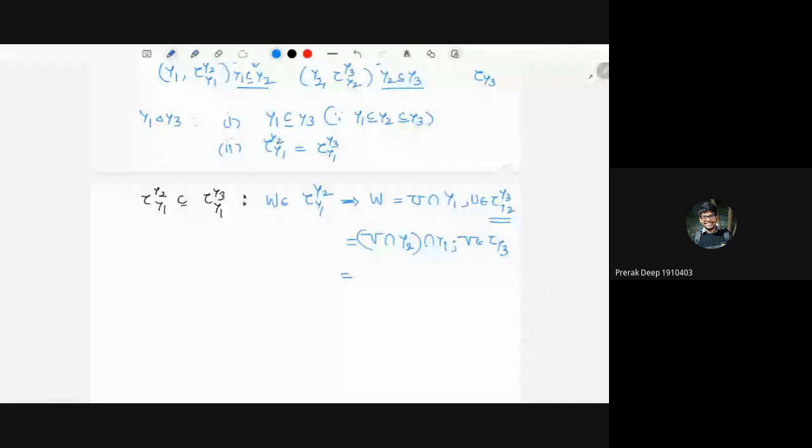And now this tau_Y3 is what? Tau_Y3 is nothing but there will be some U naught intersection with Y3, correct?